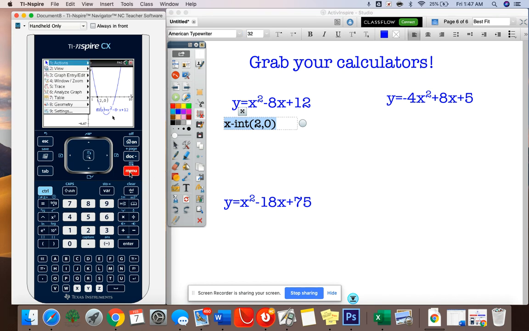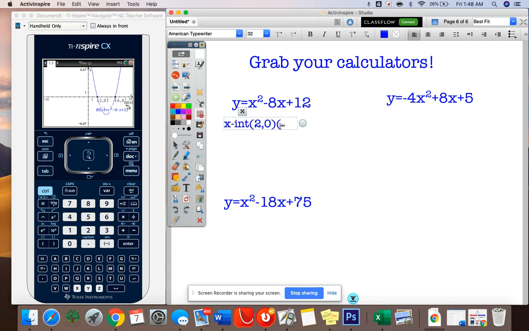So we would hit Menu, going down to Analyze Graph again, and selecting zero. The same dotted line will pick up. This time, click to the right of your graph and slide over until you've highlighted the second intercept. Go ahead and click again. Now we should have that ordered pair 6, 0, which means our second x-intercept is the ordered pair 6, 0, or the point 6, 0.